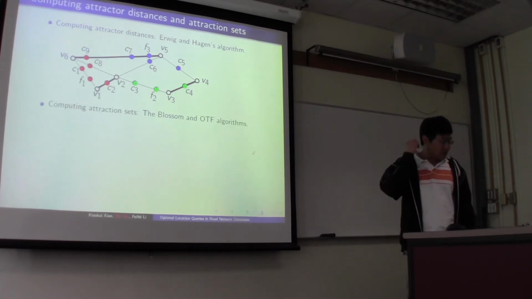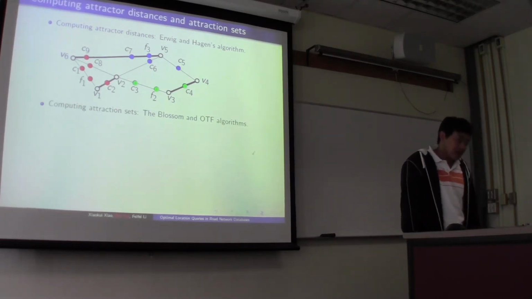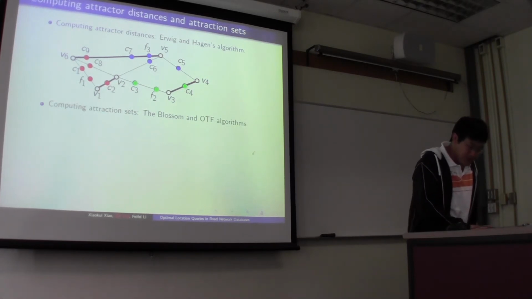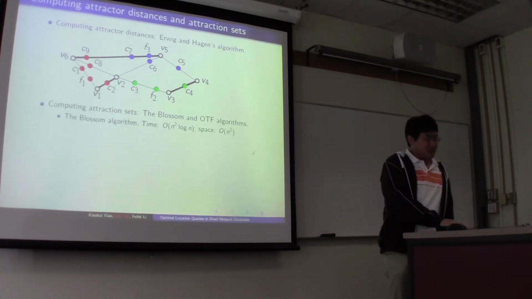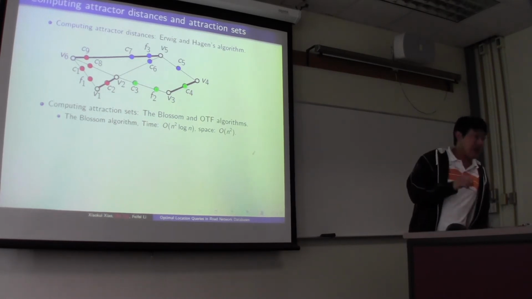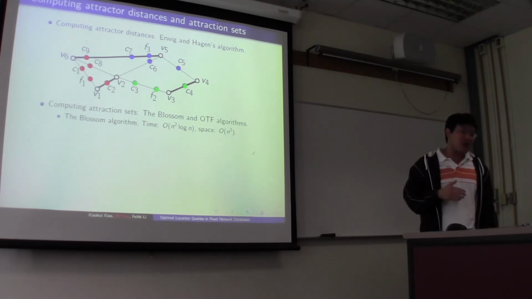For computing the attraction set, we propose two methods, namely the Blossom and the on-the-fly algorithm. The Blossom algorithm is very simple. For each client, we apply a Dijkstra algorithm on the client to traverse the vertices in ascending order of their distance to this client.